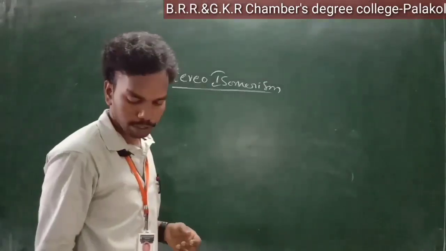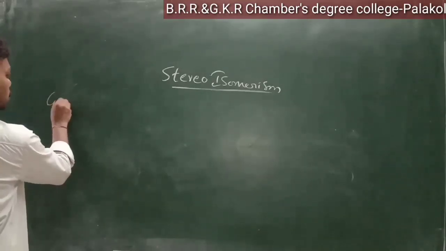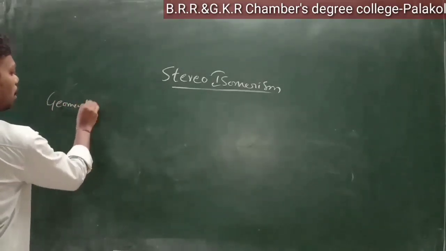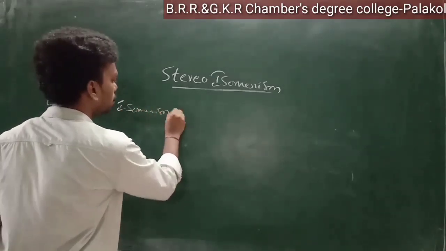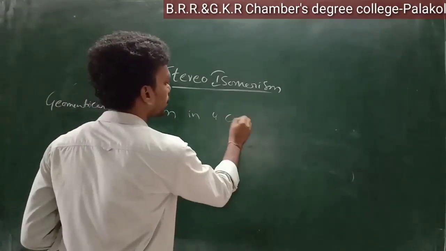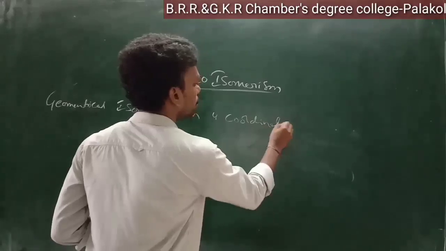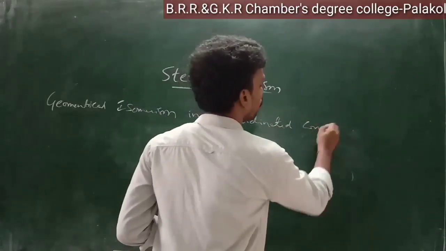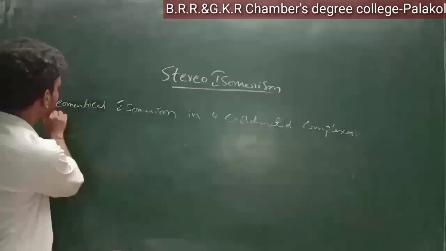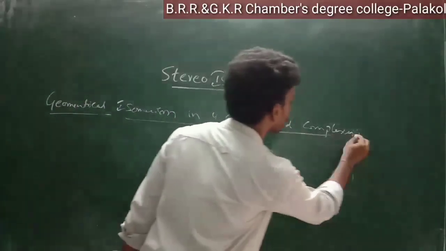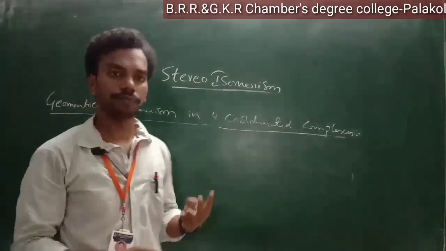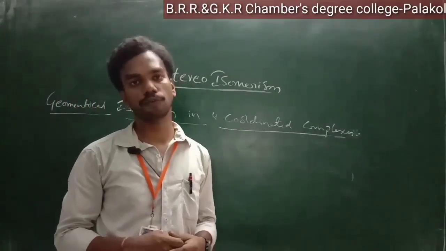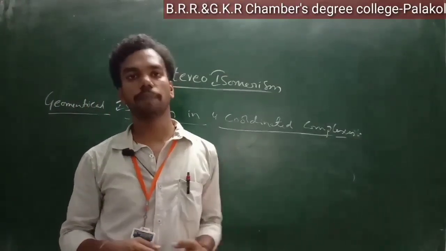First, geometrical isomerism in 4 coordinated complexes. We have two types of 4 coordinate complexes: tetrahedral and square planar.